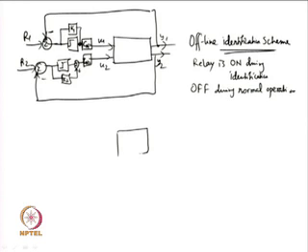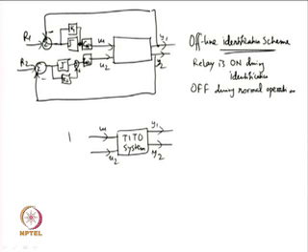Given a TITO system, again with two outputs Y1 and Y2 and corresponding inputs U1 and U2, I can add a relay in parallel with a controller.